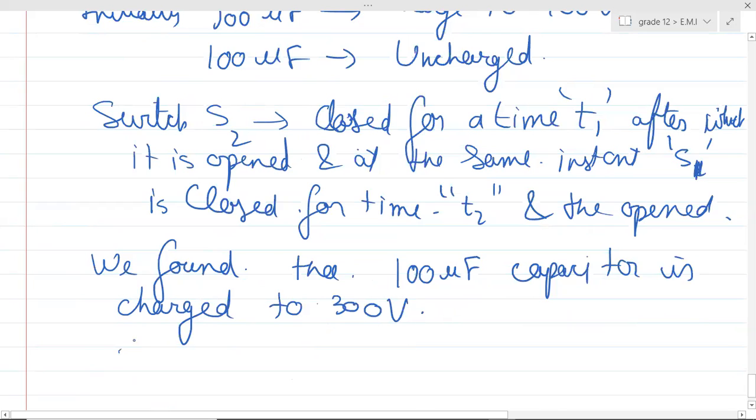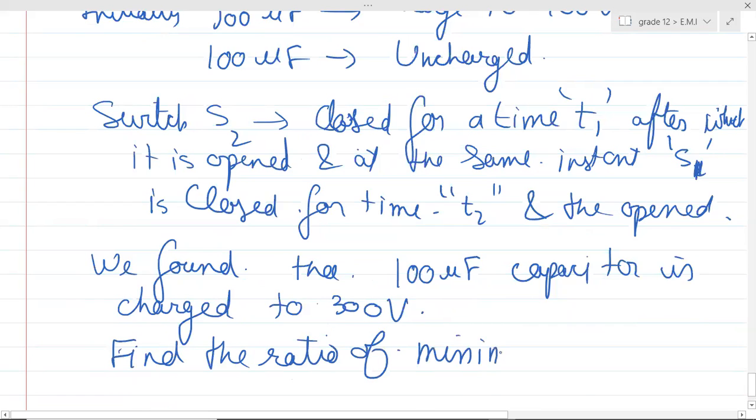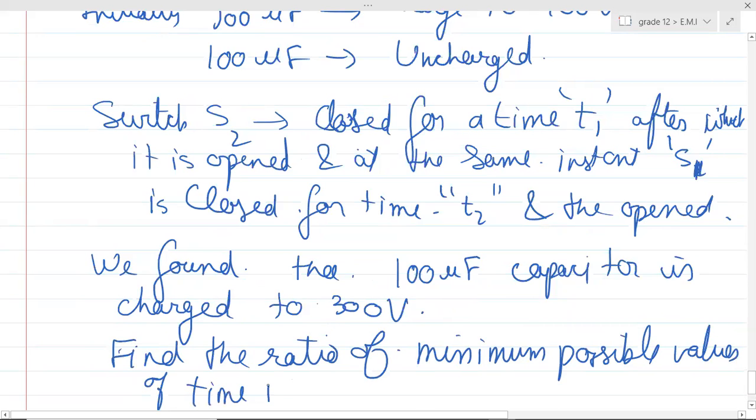Now the question is, find the ratio of minimum possible values of time interval t1 and t2.